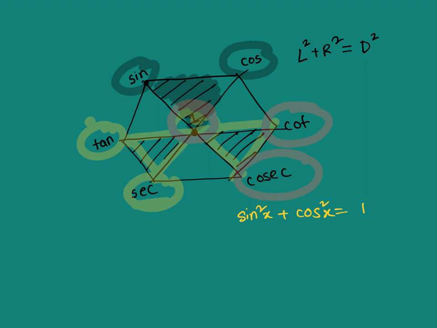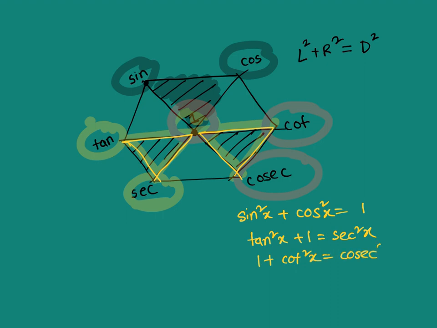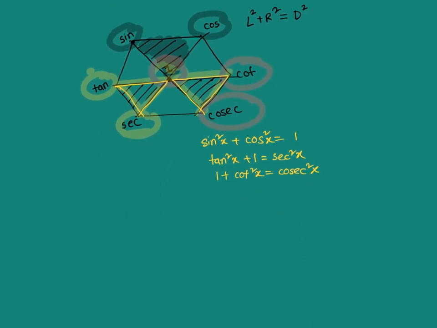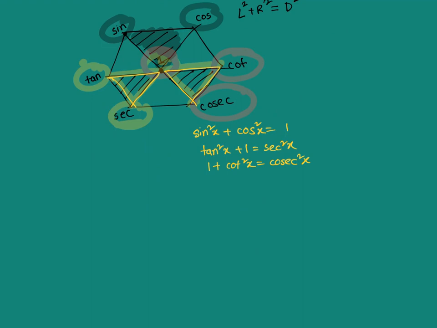And then when you focus on this triangle, you can write tan square x plus 1 is equal to sec square x. And then you can consider this triangle and you can write 1 plus cot square x is equal to cosec square x. So this is just a way of remembering. You can directly memorize all the identities, or you can take help of this hexagon also. It doesn't matter. And you can do more with this hexagon.